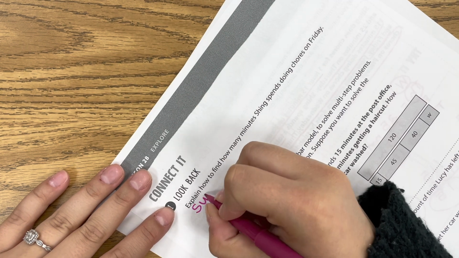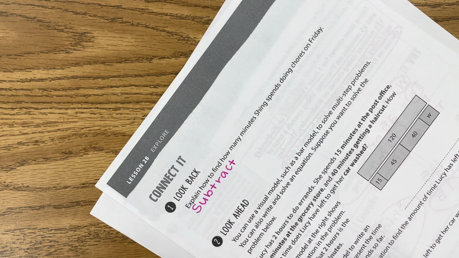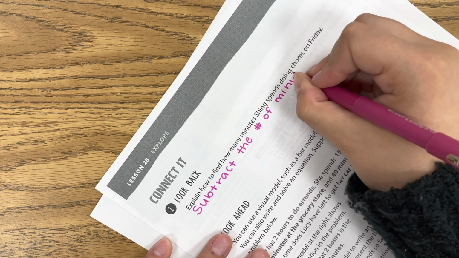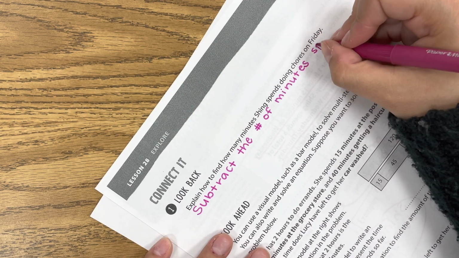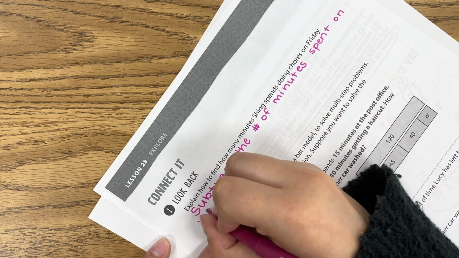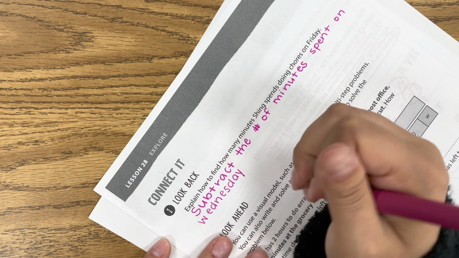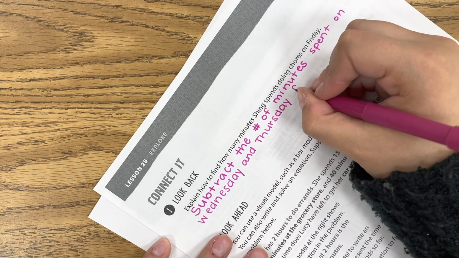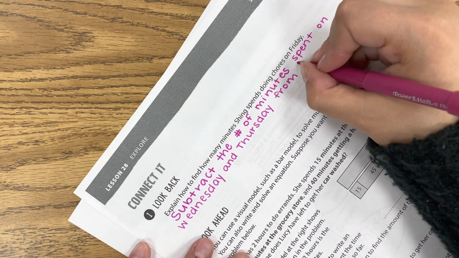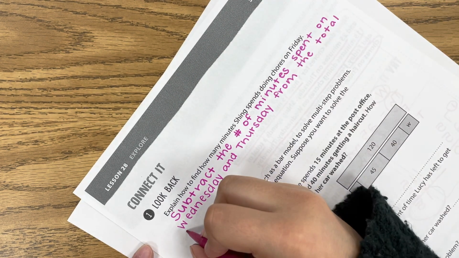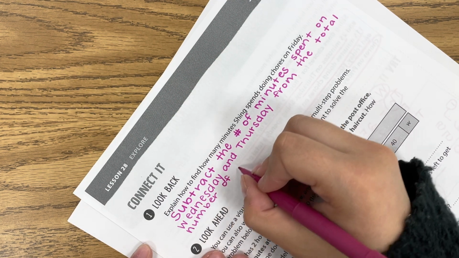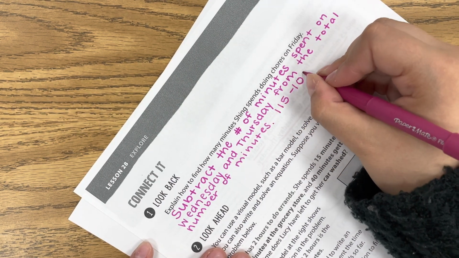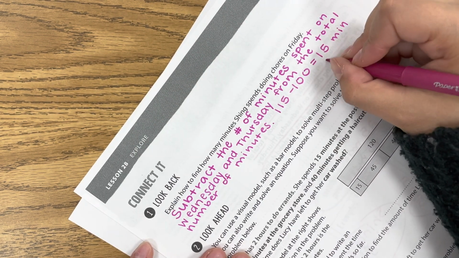So we can say you had to subtract the number of minutes spent on Wednesday and Thursday from the total number of minutes. 115 minus 100 is equal to 15 minutes on Friday.